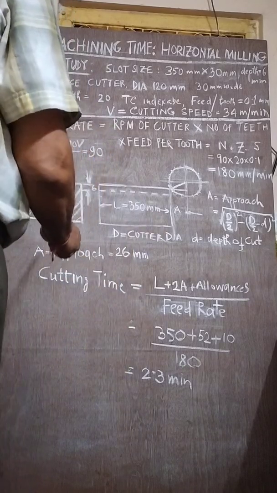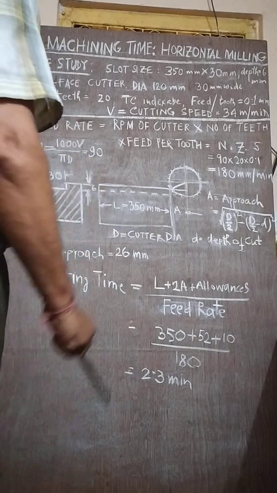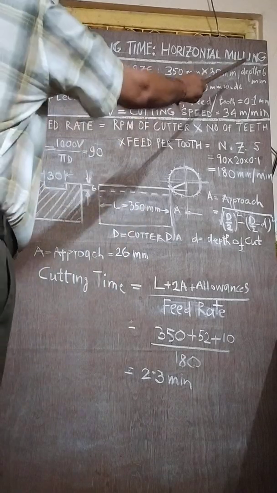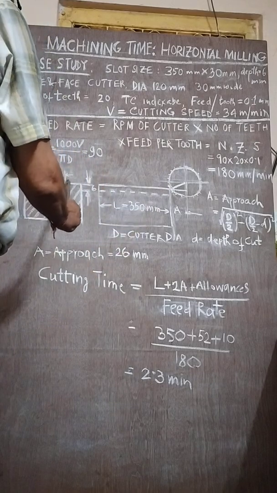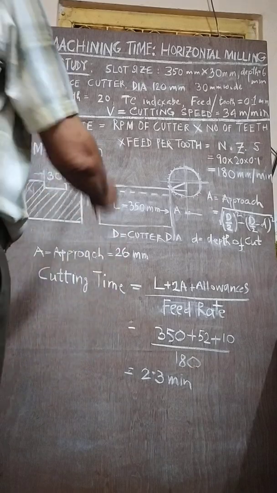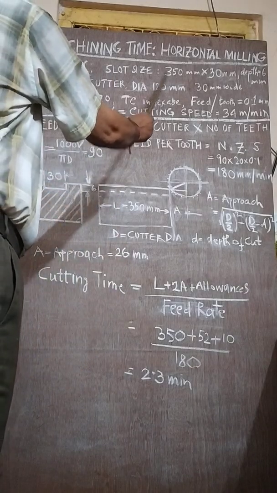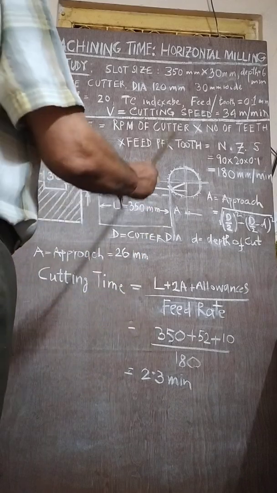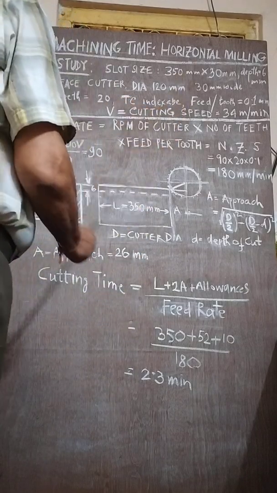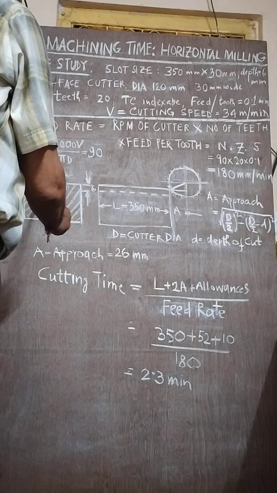This is 350 millimeter and this is 30 millimeter. The depth of the slot is 6 millimeter, and it is being operated by a side and face cutter having diameter 120 millimeter. The width of the cutter is 30 millimeter, and this width is achieved as is evident in the groove.